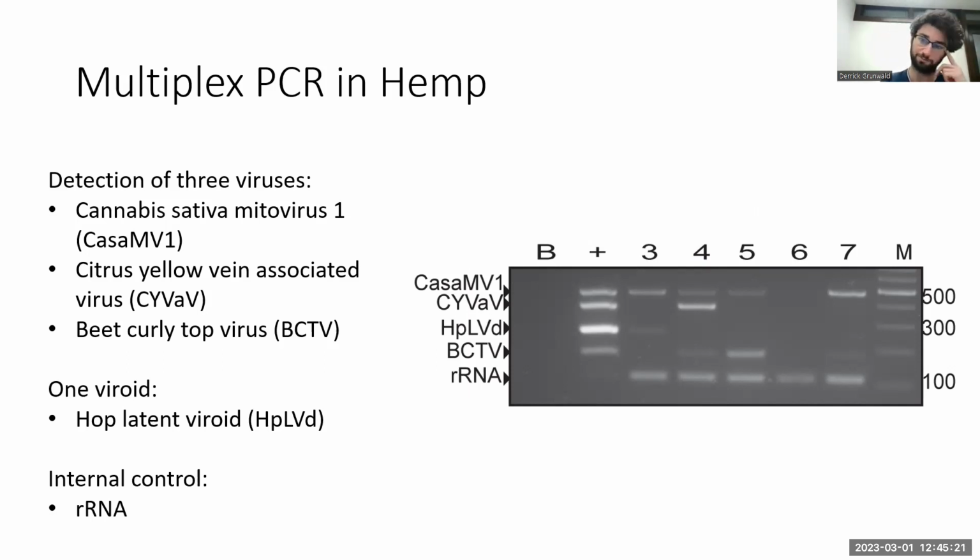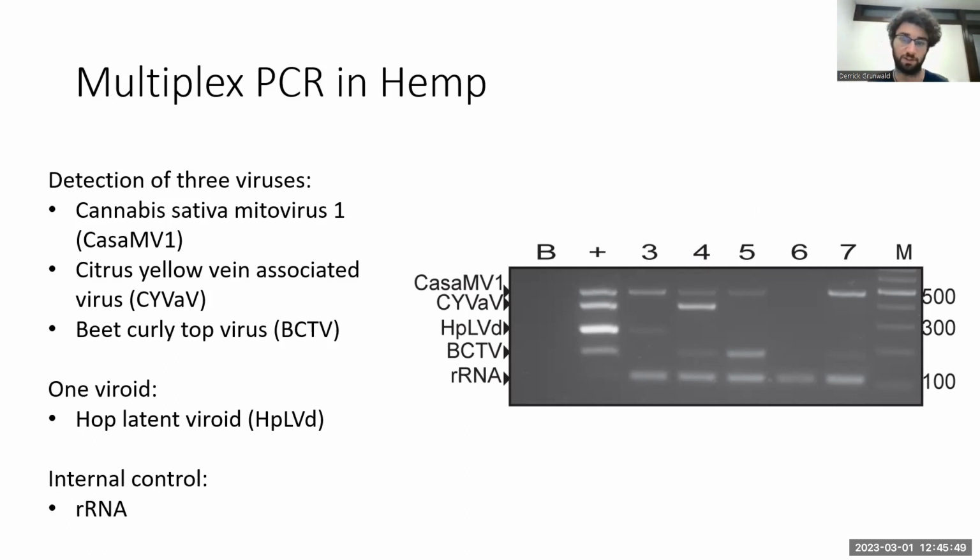I'm showing here a gel image that shows the blank, which is B, a positive control for the various viruses or viroid, which would just make sure that our reaction is working, and samples 3 through 7 are a selection of a few different independent hemp samples that were supplied to us.